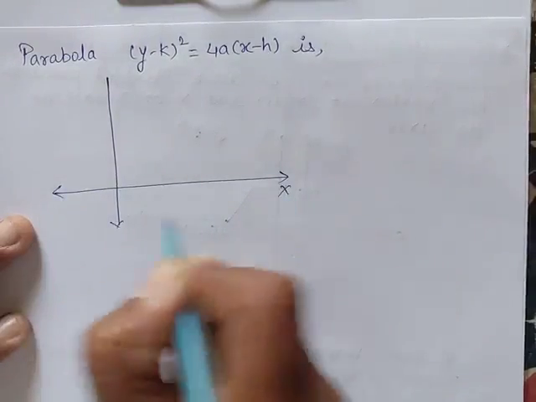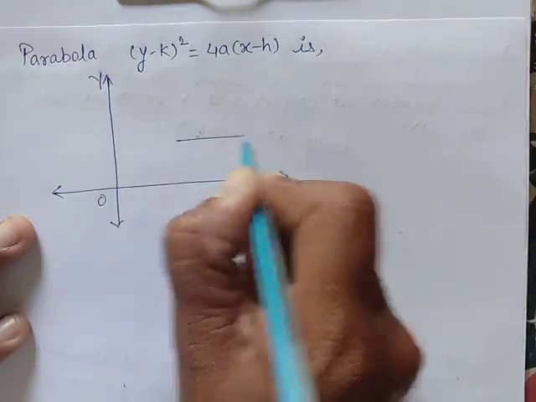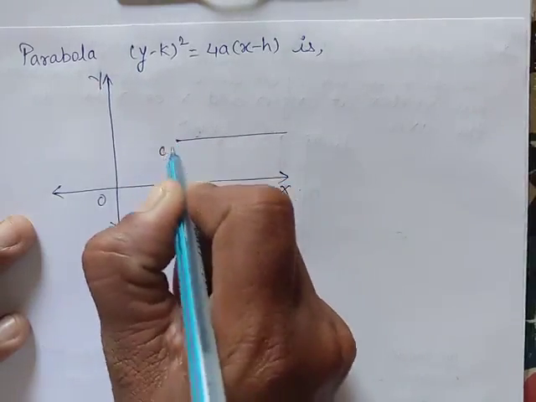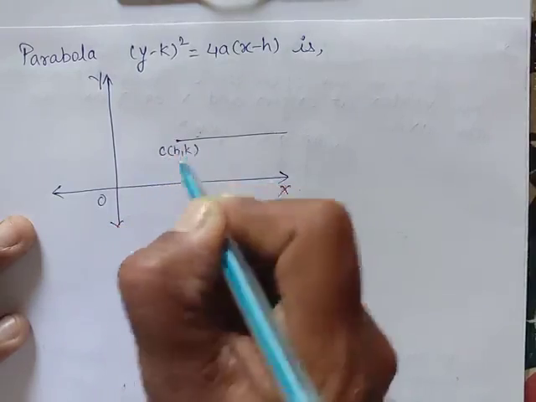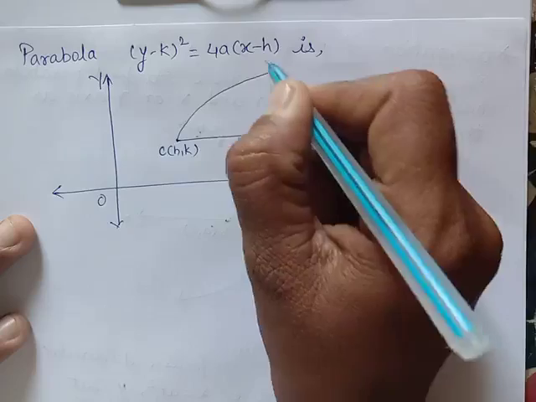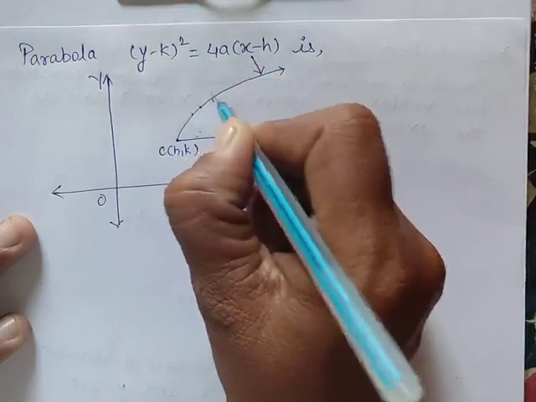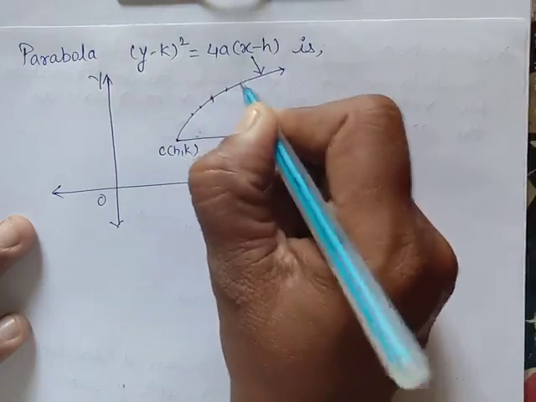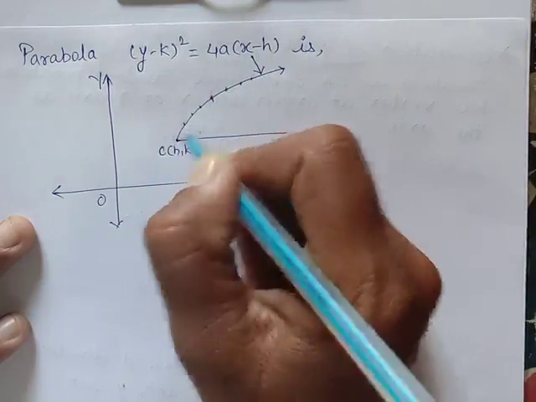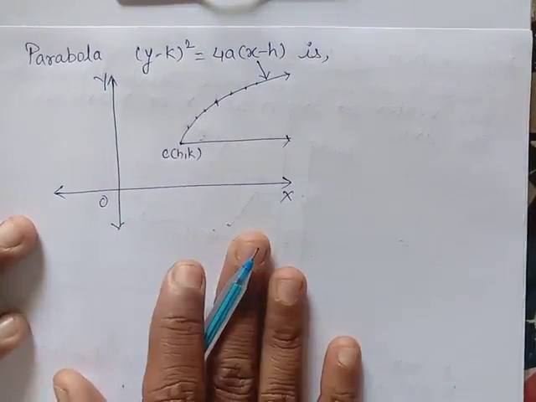Let me show by figure. It is somewhere a point (h, k), then this is the parabola and here are the points on it. This is the figure for this parabola.